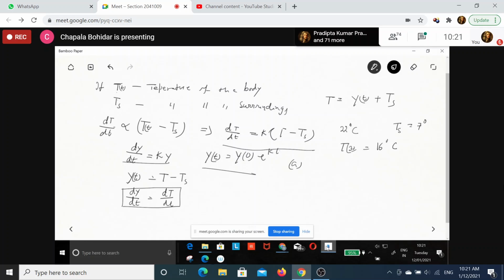That means you have to find T of 60, another half hour, which is 1 hour in total, is equal to how much?